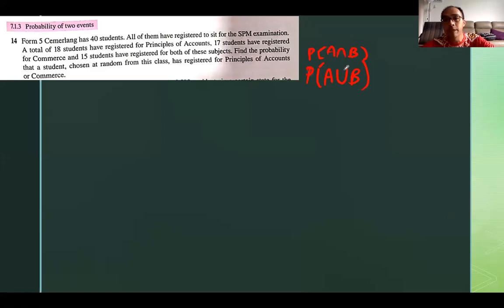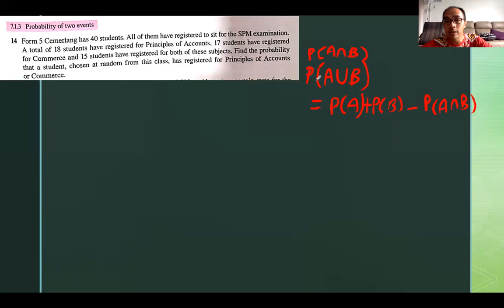Intersection is A and B happening. The second one is either one of these happening, A or B. For this one, the probability of A or B happening, there is a formula, which is the probability of only A plus the probability of only B minus the probability of A and B.